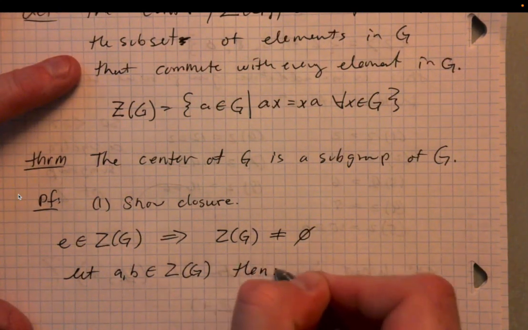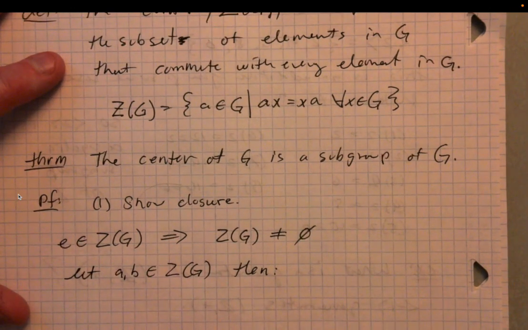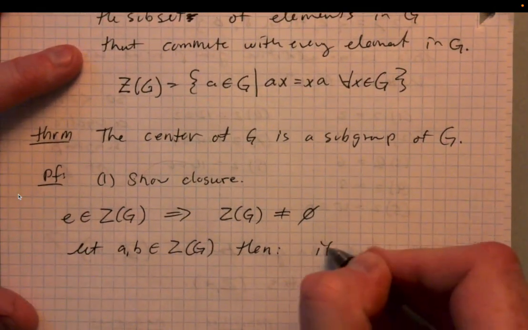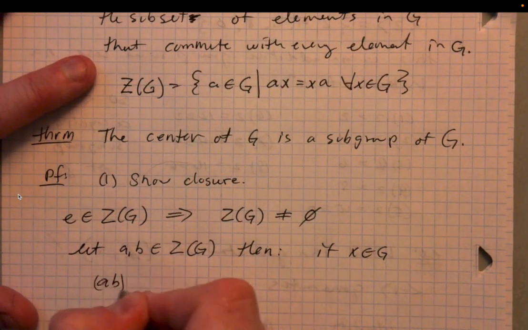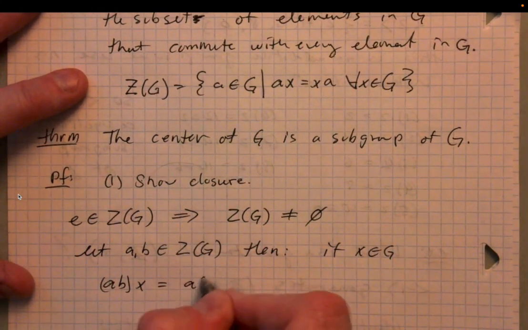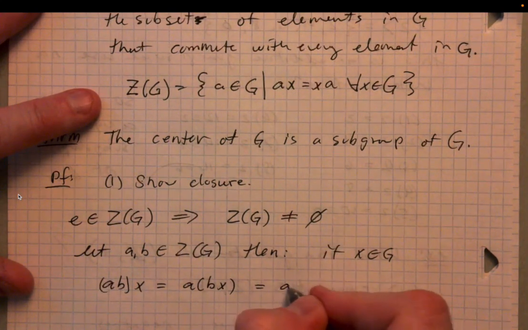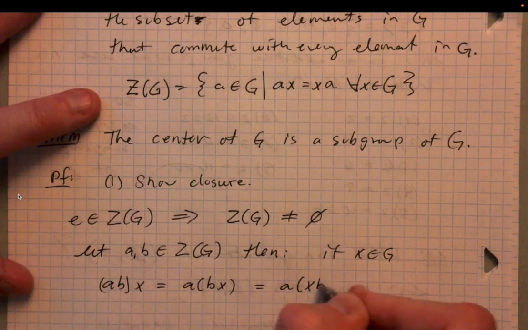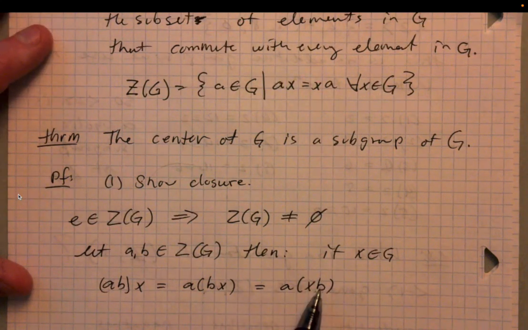And so this actually is an extremely easy thing to show. Let X just be any other element in G. And so what we can say is that AB times X is equal to A times BX, which is equal to A times XB. Now how does that work? Well, because B is in the center, so B commutes with X for sure.